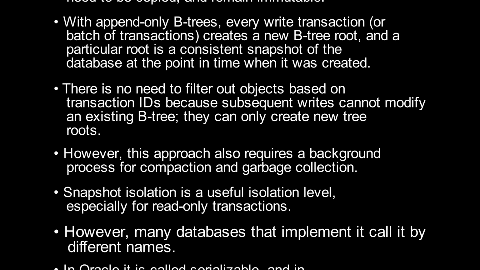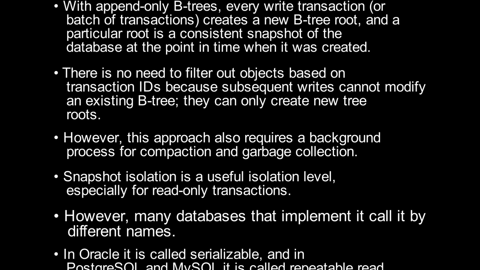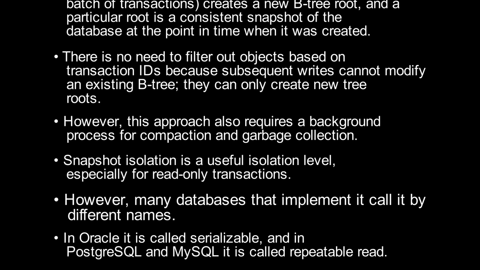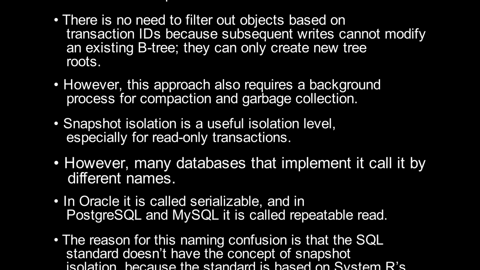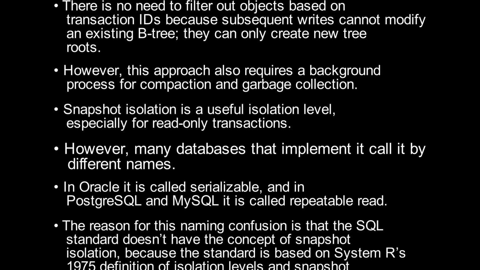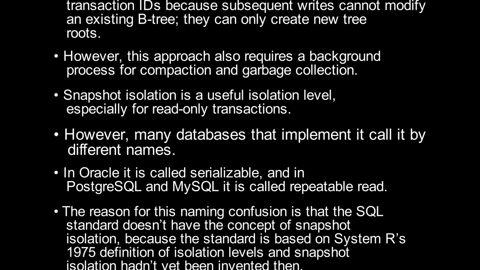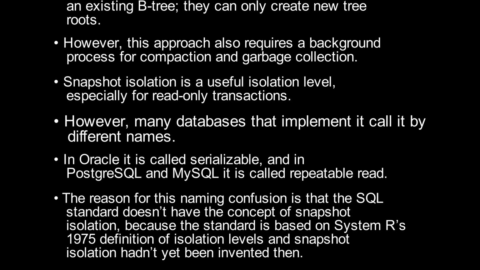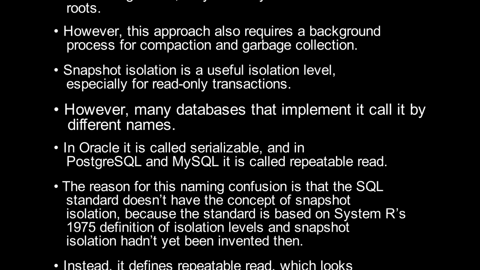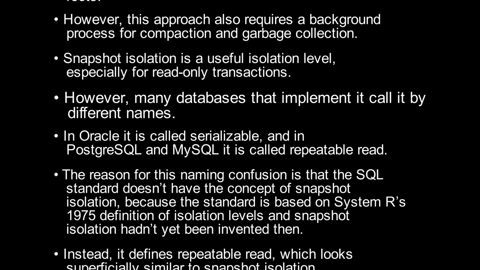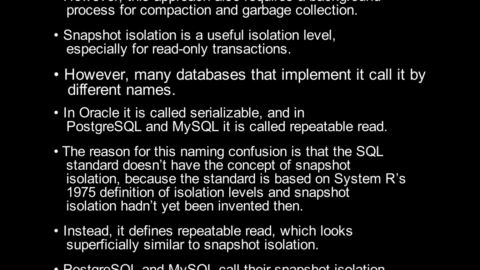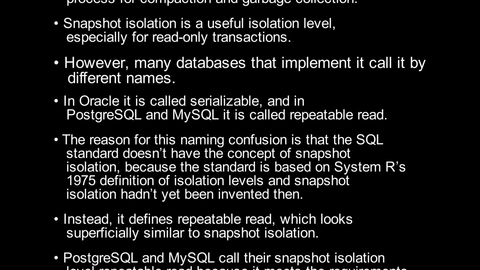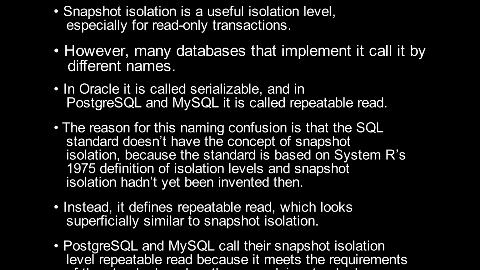Snapshot isolation is a useful isolation level, especially for read-only transactions. However, many databases that implement it call it by different names. In Oracle it is called serializable, and in PostgreSQL and MySQL it is called repeatable read. The reason for this naming confusion is that the SQL standard doesn't have the concept of snapshot isolation, because the standard is based on System R's 1975 definition of isolation levels, and snapshot isolation hadn't yet been invented then.